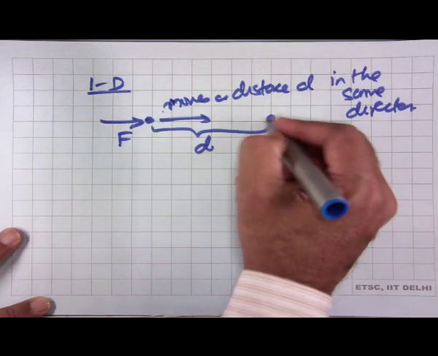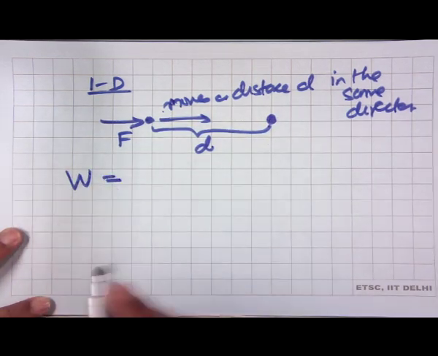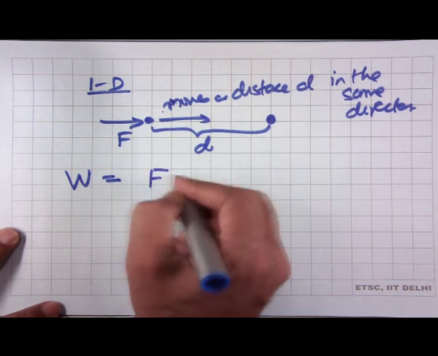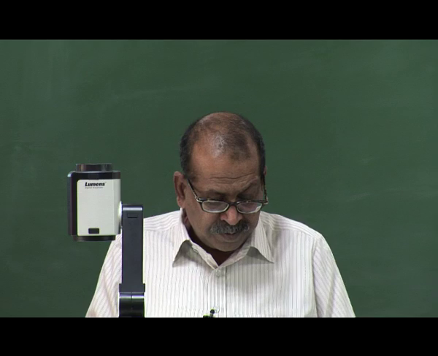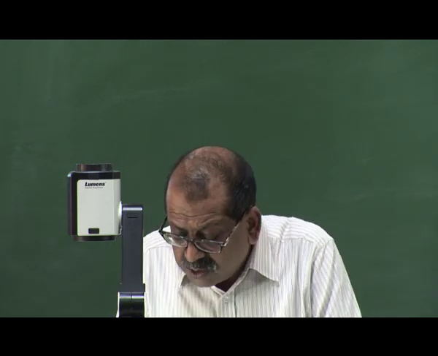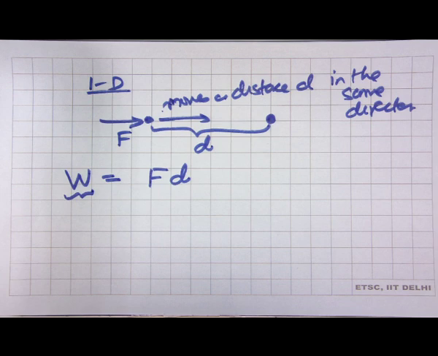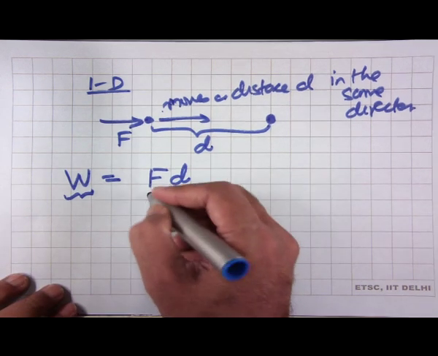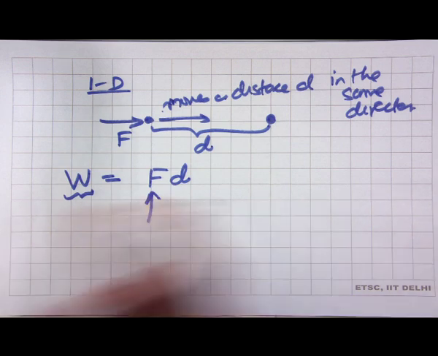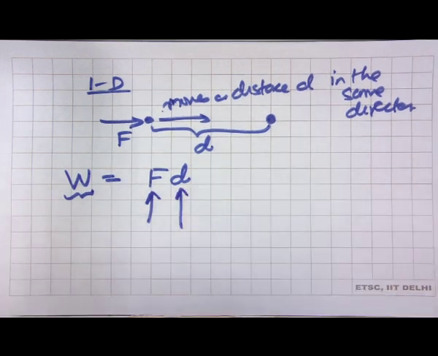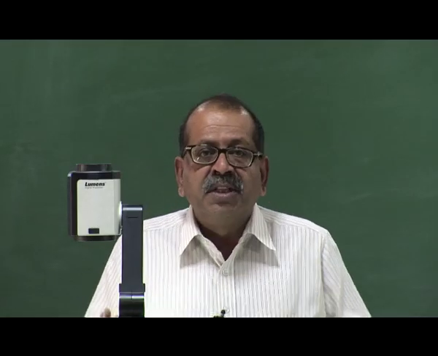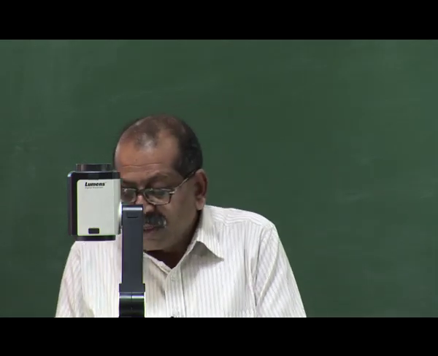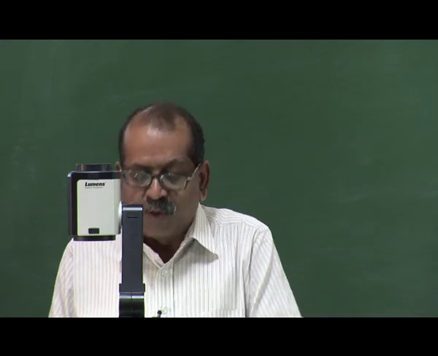The work done by this force is defined as F times d. So, this is the definition of work done by a force. Which means that to be able to define work done, we need two quantities: the force which is acting, and the effective displacement of the body which it undergoes while this force is acting on it. That will be called the work done by force F.